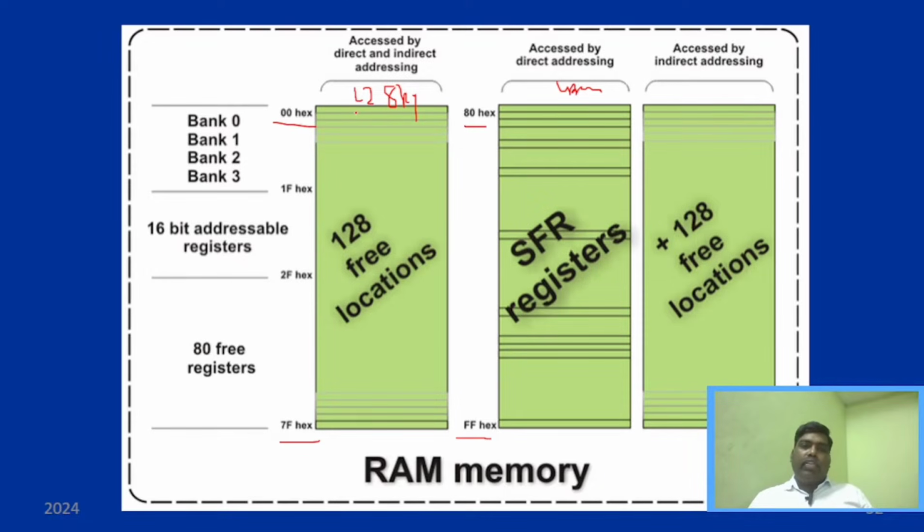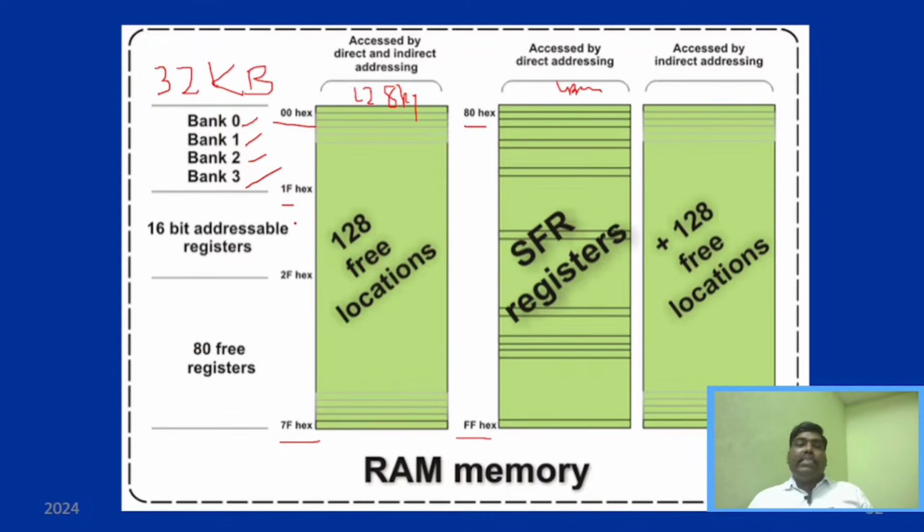You can see here this 128 byte area has been split into three different categories. First, you have 32 bytes of register banks. You can see register banks, bank 0, bank 1, bank 2, bank 3, which span from 00 to 1F. We have already seen in the architecture video how these register banks are selected based upon those two input values.